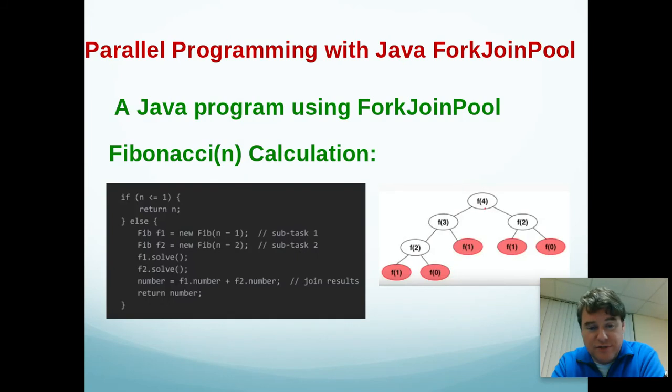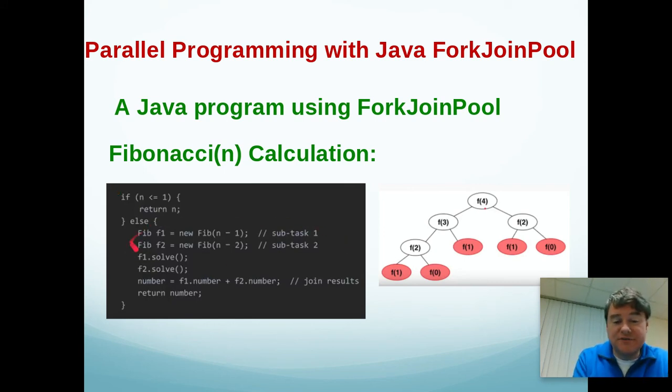Okay, I'm flipping through the slides. So Fibonacci is our favorite thing because we love talking about bunnies and what they do in their spare time. So in the Fibonacci sequence, you remember that every number is the sum of the previous two numbers. And the answer to calculating it in the regular world was if n is less than or equal to 1, i.e. if n is 0 or n is 1, then the answer is 1.